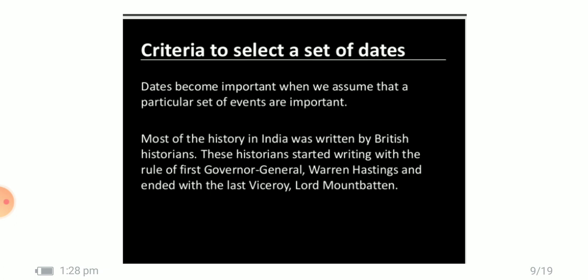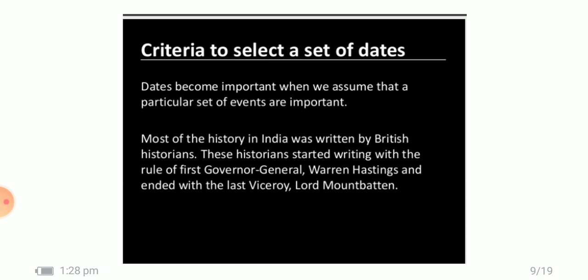And they mention each and every Governor General like Hastings, Wellesley, Bentinck, Dalhousie, Canning, Lawrence, Lytton, Ripon, Irwin, etc. And all the dates in these history books were linked to the personalities of each Governor General.